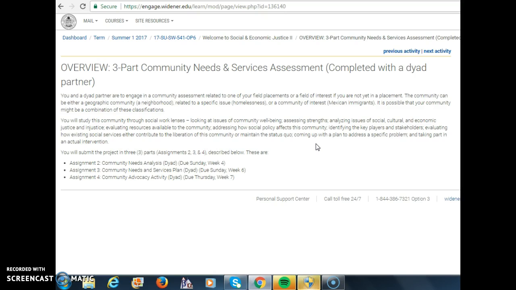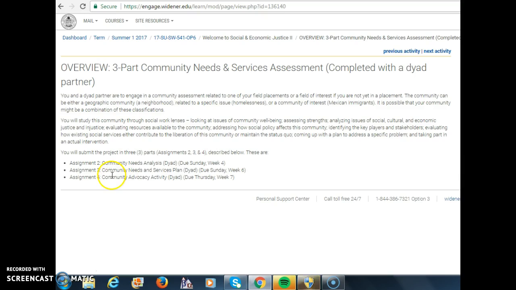That might sound a bit overwhelming and like a lot, but you're going to be taking all that on through the submission of 3 separate assignments. So there's 3 parts, and those are assignments 2, 3, and 4. In assignment 2, which is the first phase and is due on Sunday of week 4, you're going to be conducting a community needs analysis.